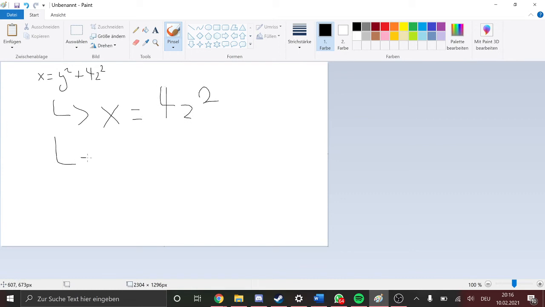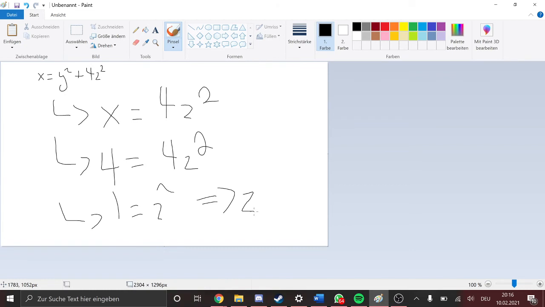Then we can substitute the value for x, which would give us 4 equals 4z squared, which can be reduced to 1 equals z squared, which is equal to z equals plus minus 1.